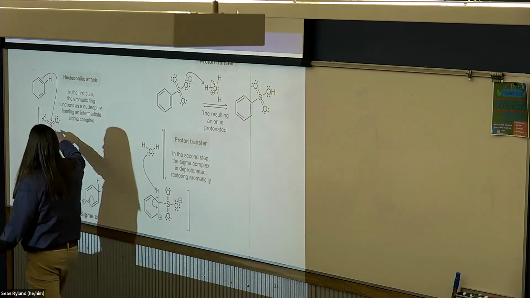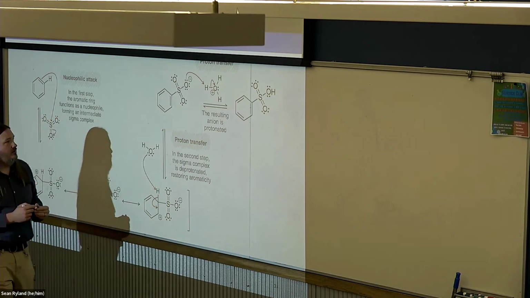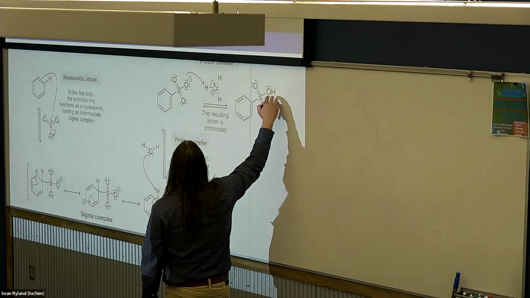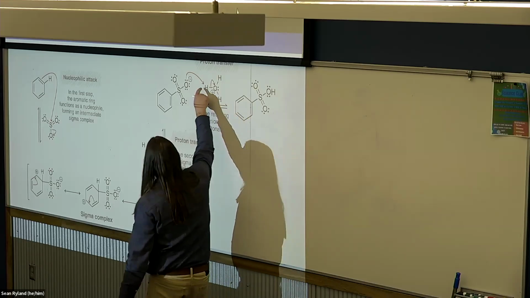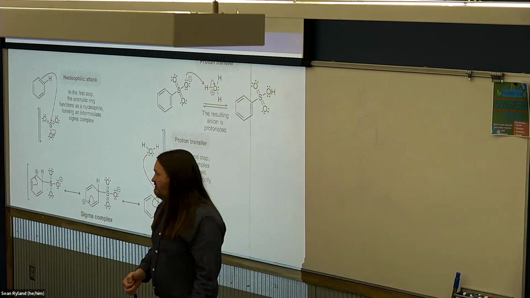So our first step, where our pi bond attacks the sulfur, creates an oxygen with a negative charge to make room for the new bond. And so then at the very end, we just do one more proton transfer. So we're not ending up with something with a negative charge.